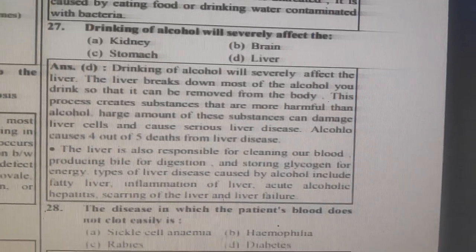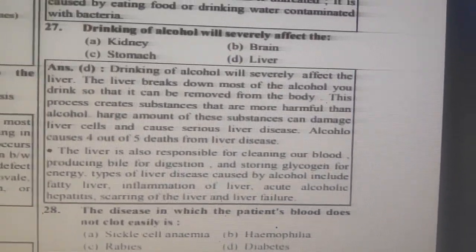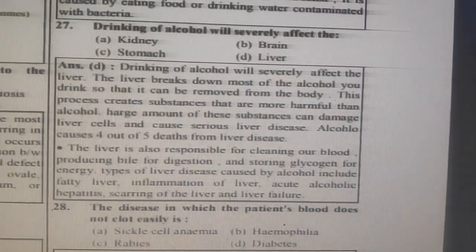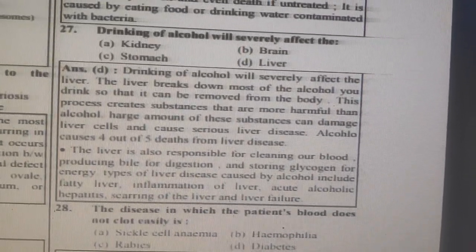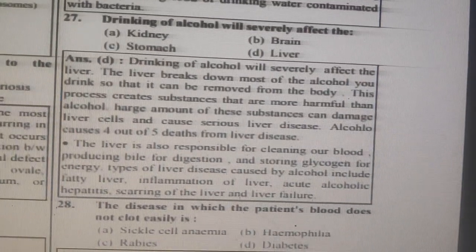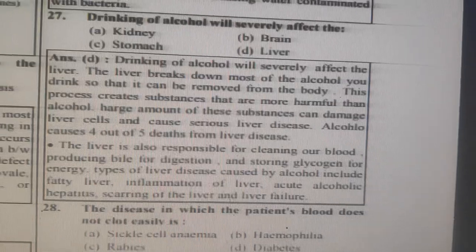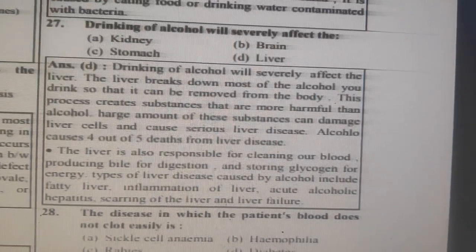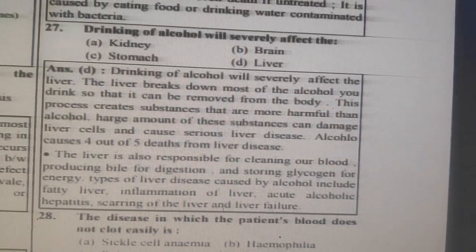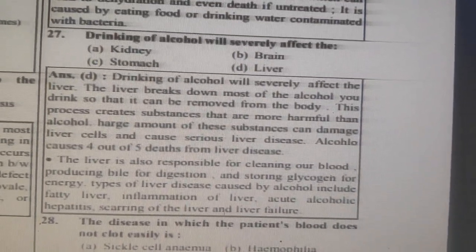Drinking alcohol severely affects the liver. The liver breaks down most of the alcohol you drink so that it can be removed from the body. This process produces substances that are more harmful than alcohol. A higher amount of these substances can damage liver cells and cause cirrhosis, liver disease. Alcohol causes 4 out of 5 deaths from liver disease.